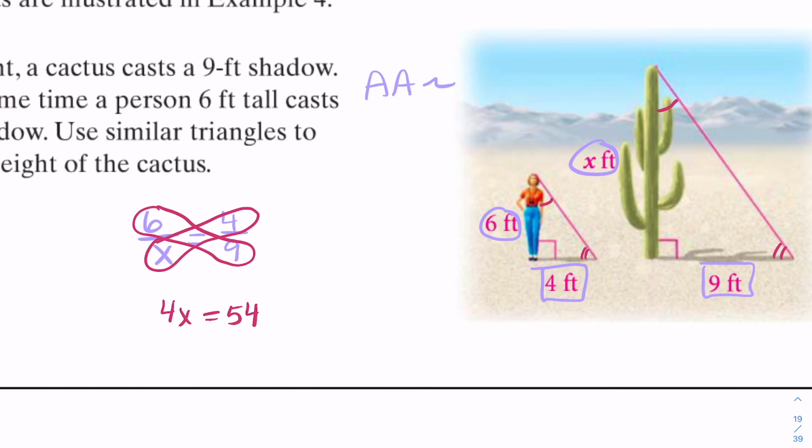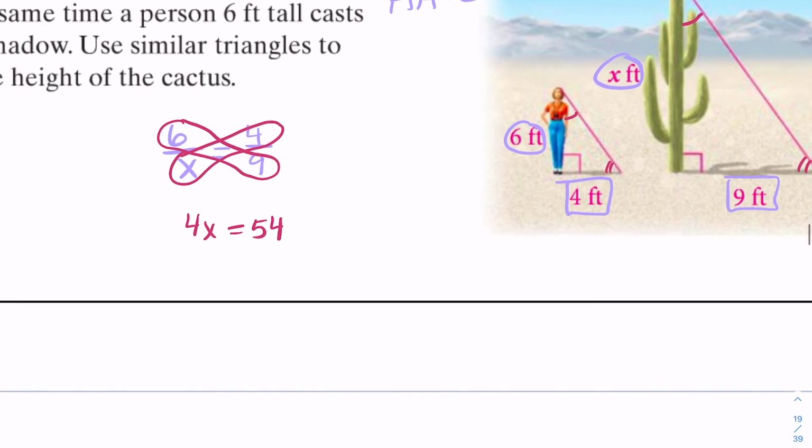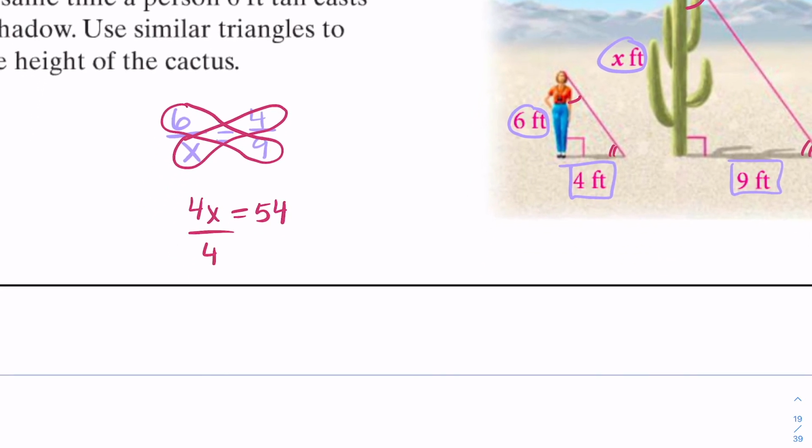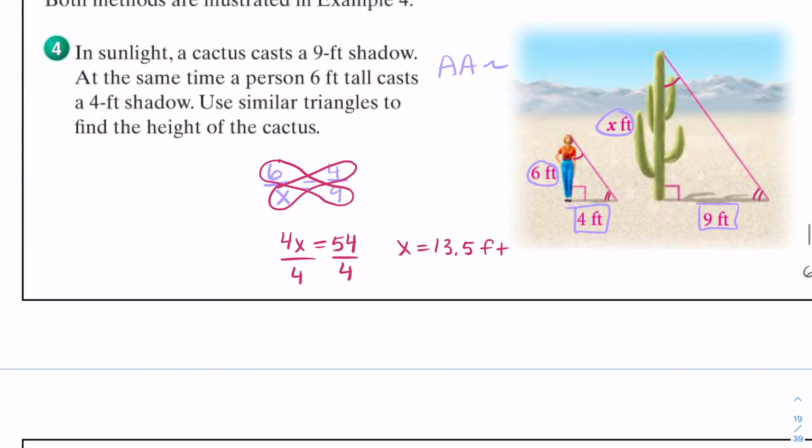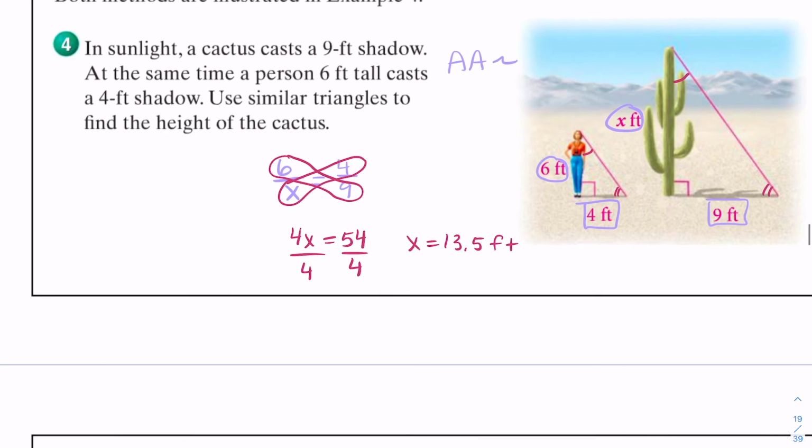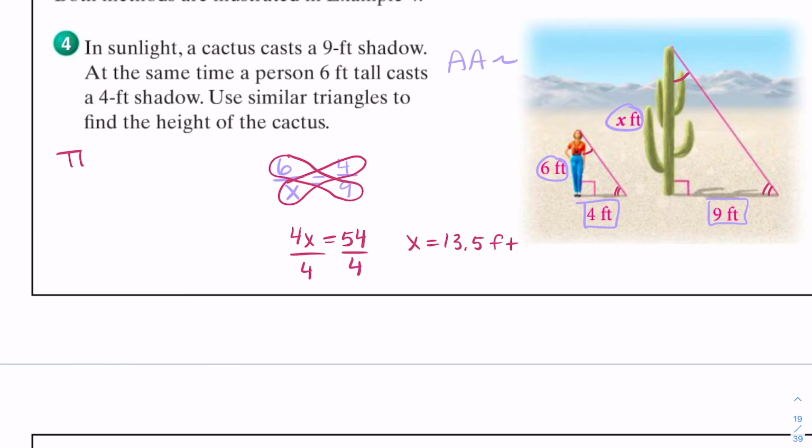So 54 divided by 4. So we're going to divide both by 4. We get x equals 13.5 feet. And so the height of the cactus is 13.5 feet tall.